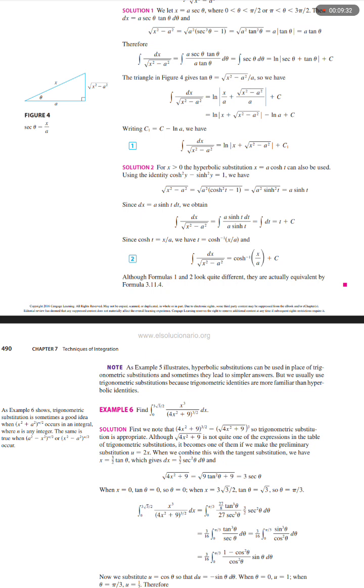Solution 2. For x greater than 0, the hyperbolic substitution x equals a cosh t can also be used, using the identity cosh squared t minus sinh squared t equals 1.